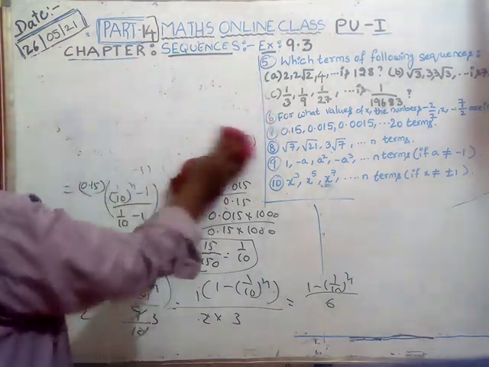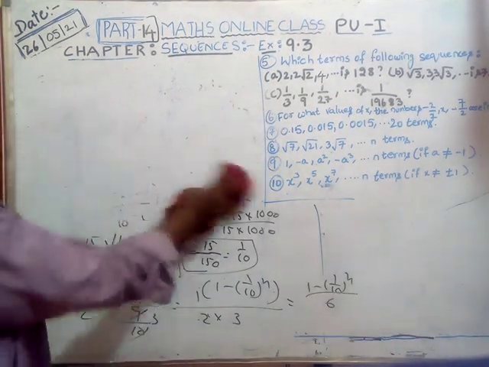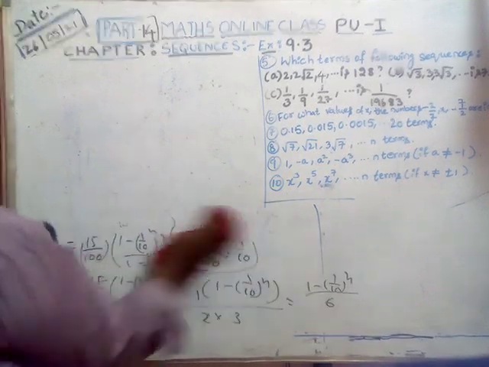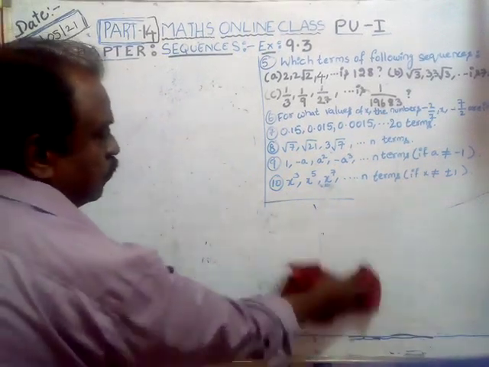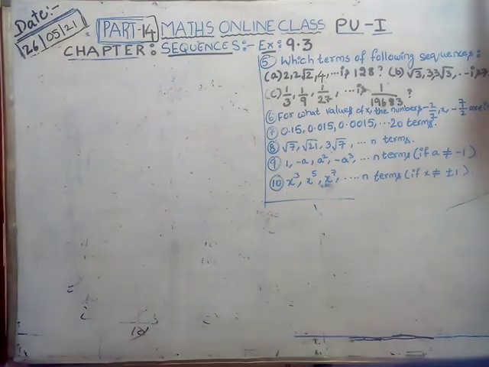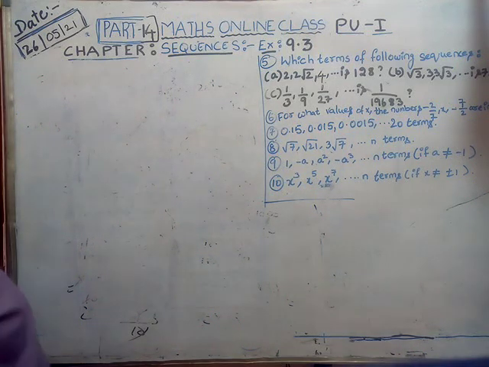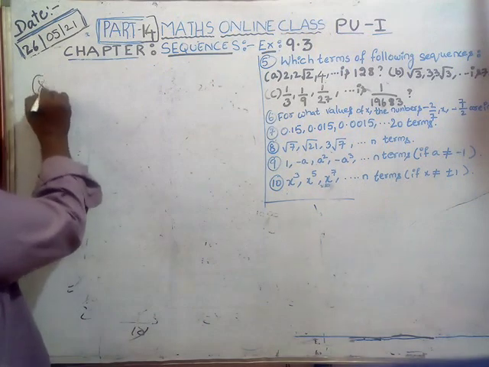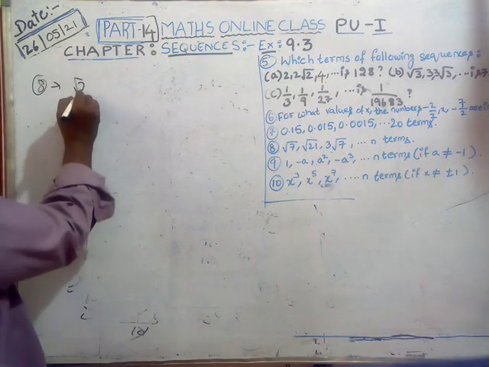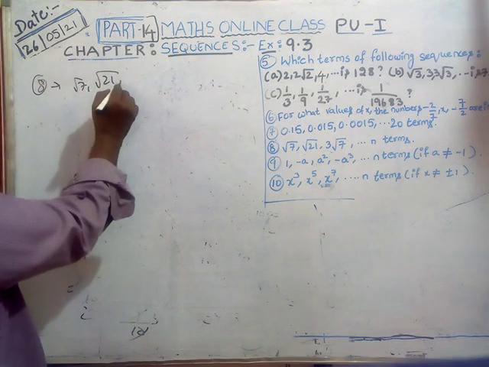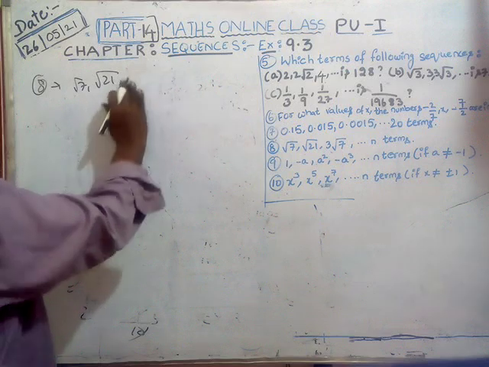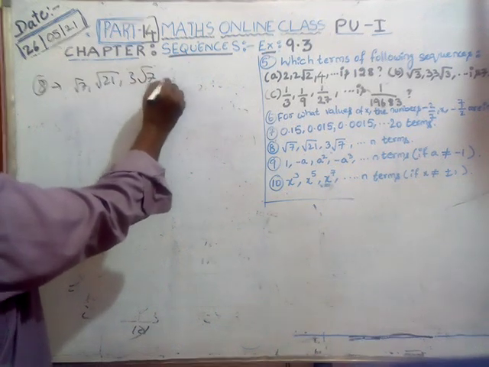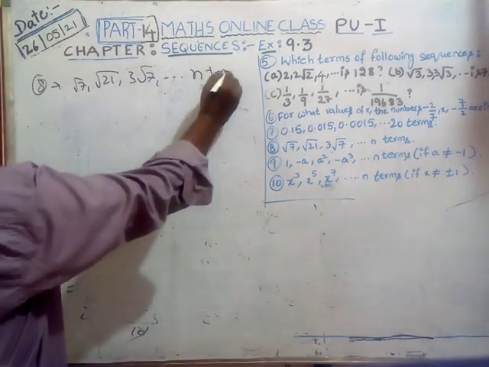And the next problem is the 8th problem: root 7, root 21, 3 root 7, n terms.